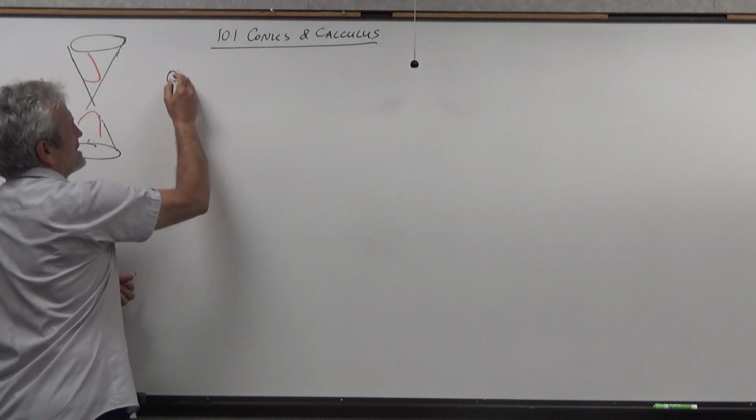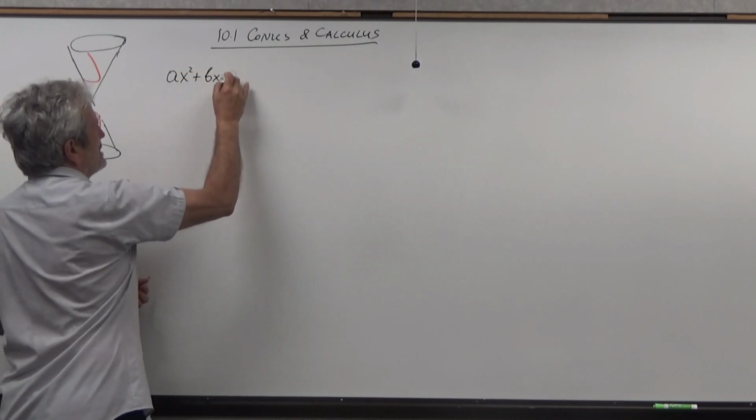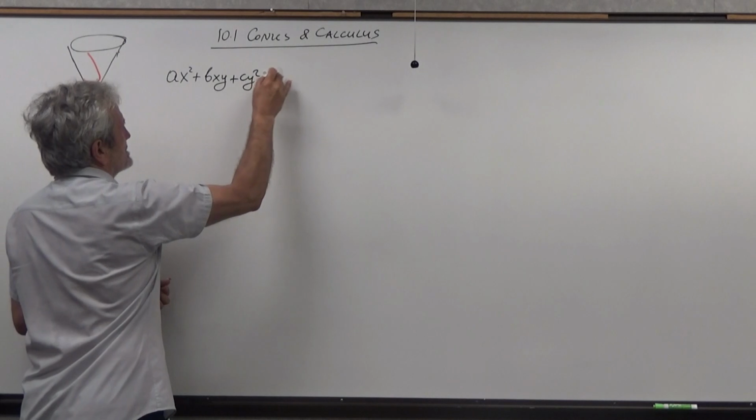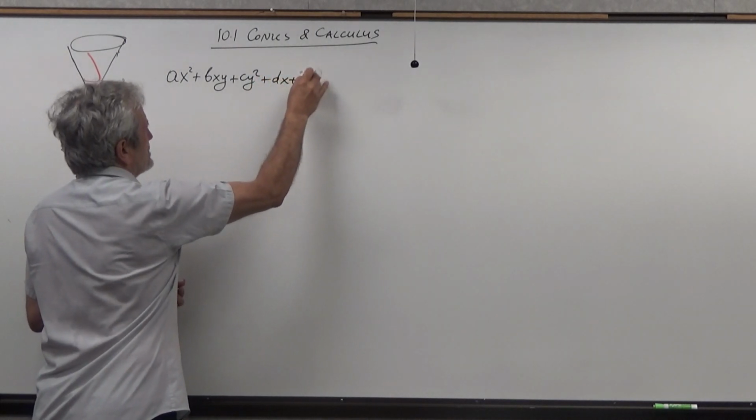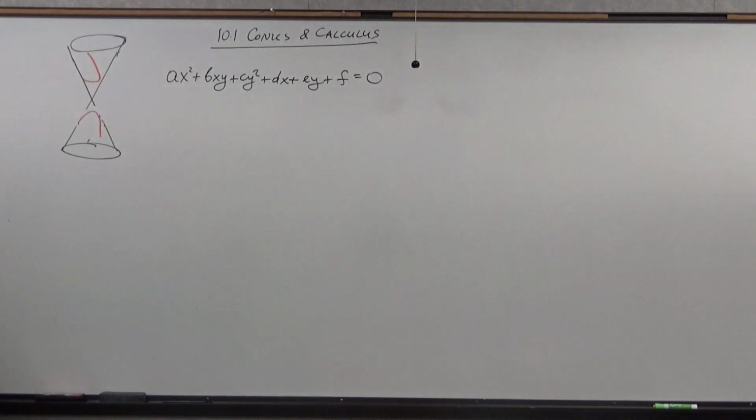So that will be like x squared plus bxy plus cy squared plus dx plus ey plus f equals 0. So this is a generic polynomial of two variables, a quadratic polynomial.